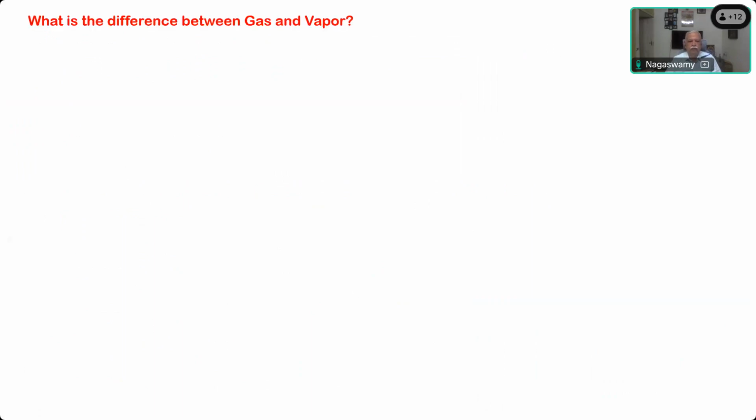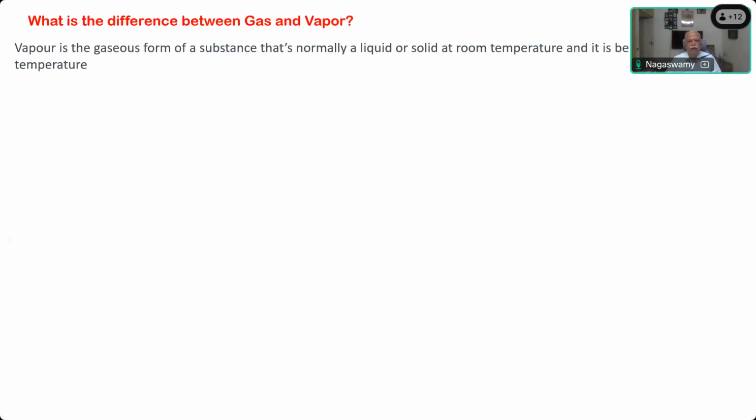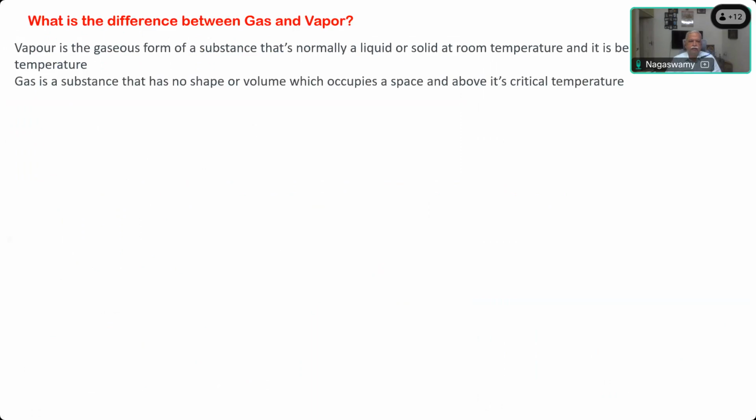What is the difference between gas and vapor? We have already talked about it. Vapor is the gaseous form of a substance that is normally a liquid or solid at room temperature, but below its critical temperature, whereas gas is a substance that has no shape or volume and occupies the space where it is present, and it is above its critical temperature. So below critical temperature, it is a vapor.